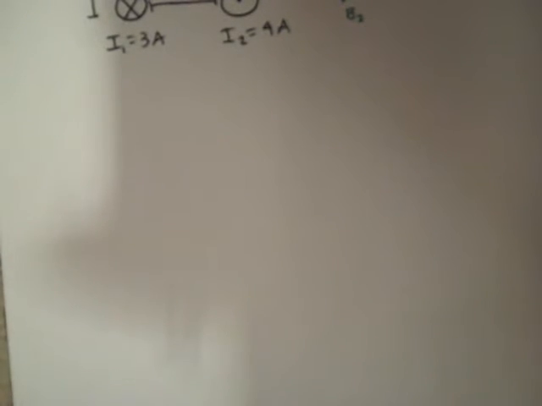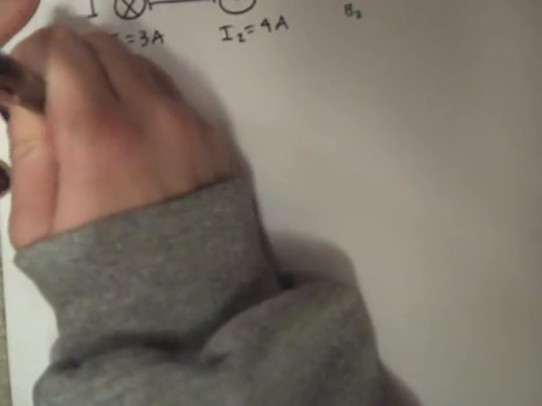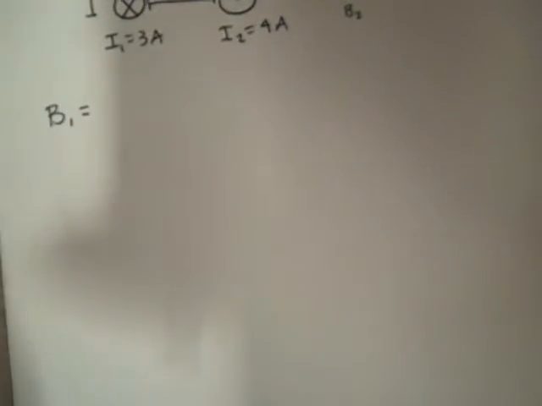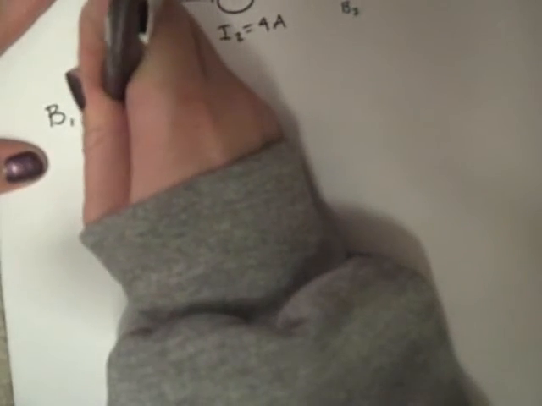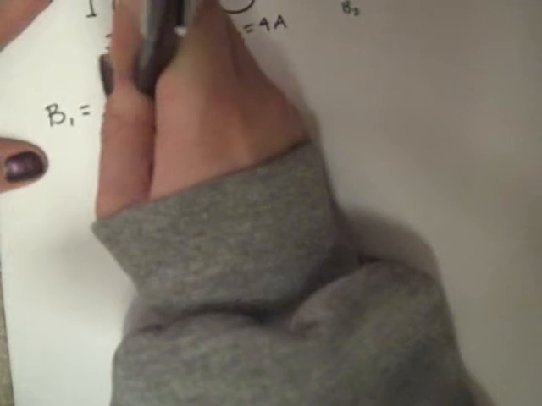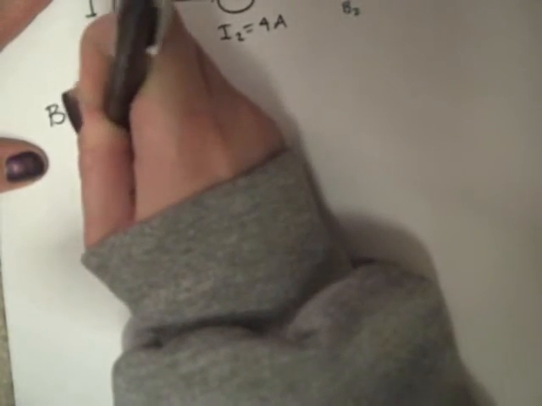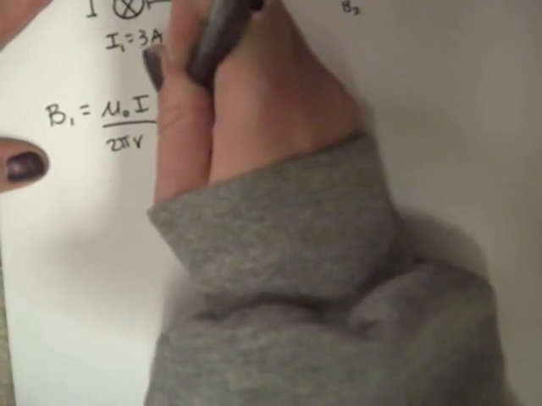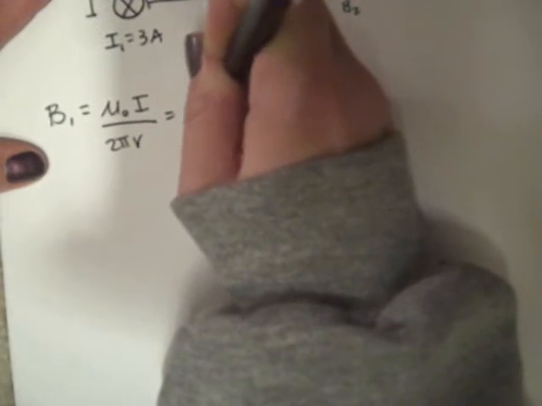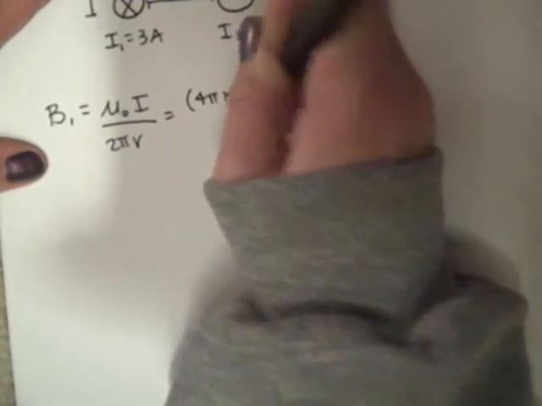And now where we're at is actually going ahead and finding the magnitude. So first I'm going to find B1, the magnetic field from the first wire, and that's going to be equal to mu naught times I divided by 2 pi r. And so mu naught is 4 pi times 10 to the negative 7th.